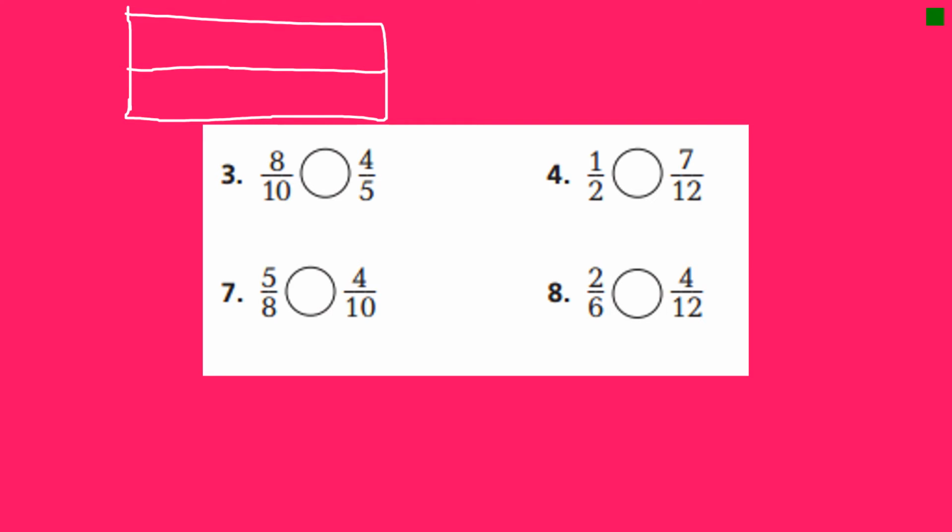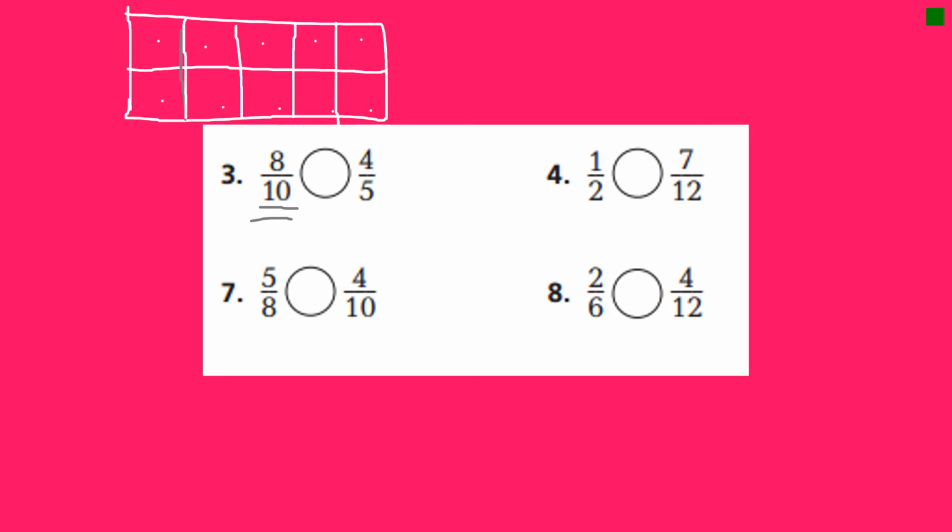So we have to make 10 equal parts here. So, oops, I'm going to make that white. 1, 2, 3, 4. So let's check if I made 10 equal parts. 1, 2, 3, 4, 5, 6, 7, 8, 9, 10.